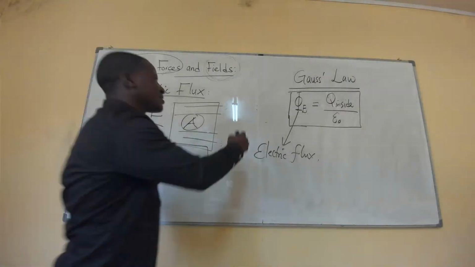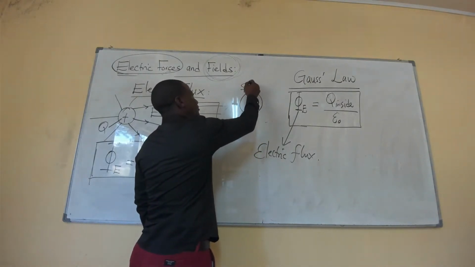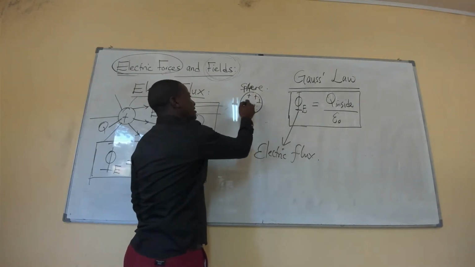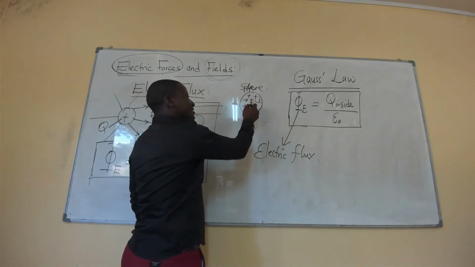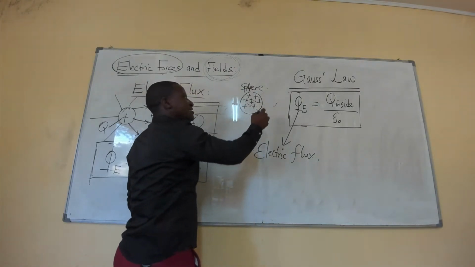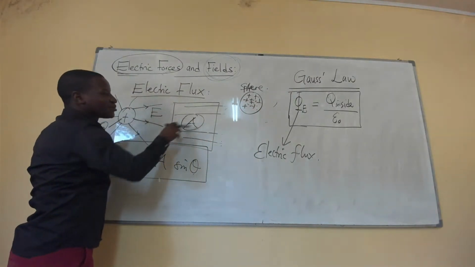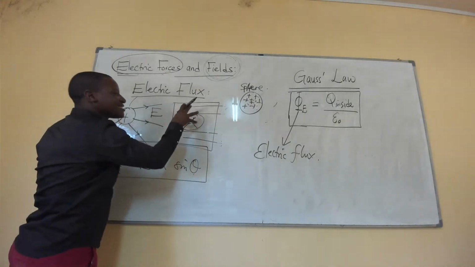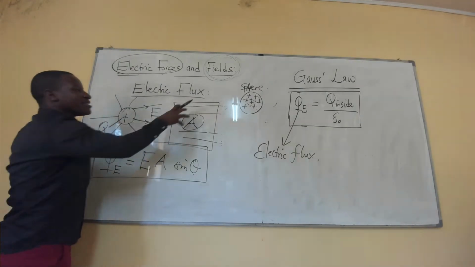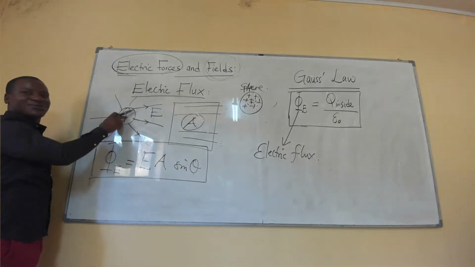So if you have a closed surface, for example, you have a sphere, so you have the net charge which is inside, and you are measuring it from outside. So the number of electric field lines passing through the area is actually the same as the charge that is inside here. Why? Because these electric field lines are actually due to the charge which is inside.